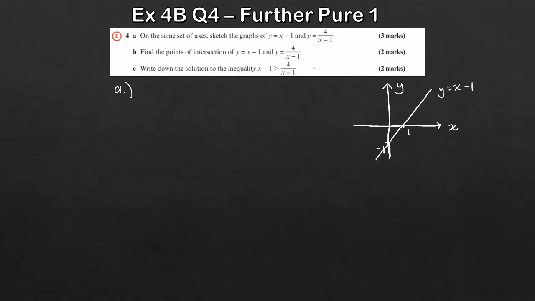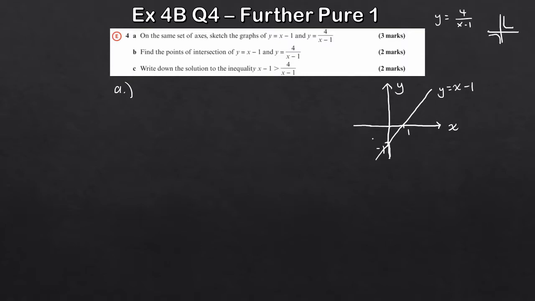Now, y equals 4 over x minus 1 is a little bit more complicated. You need to consider what type of graph this is. Well, this is a reciprocal graph, so it's going to look something like this.